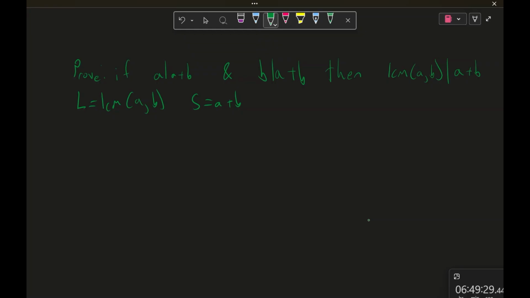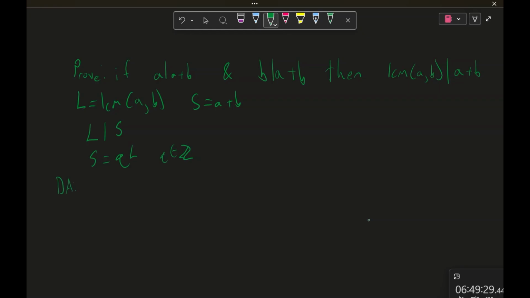Next, we will rewrite this. We want to prove L divides S. So we want to show for some S, there exists a Q times L, such that Q is in the set of integers. What we would want to do next is use the division algorithm.